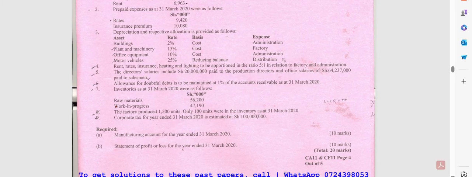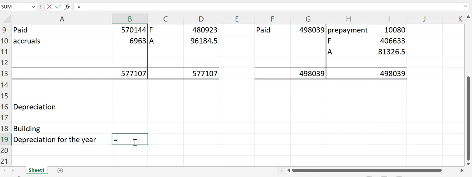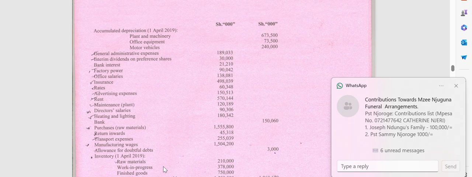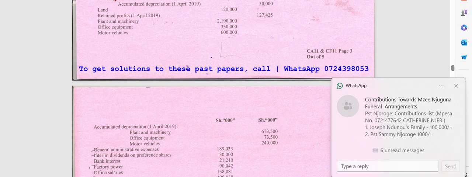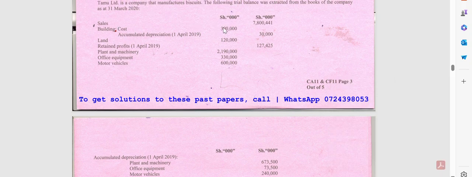So the rate here is 2% on cost, that is straight line method. So we are going to say 2%. We multiply the 2% by the cost. We go back to our trial balance for building. Here it is, building cost is 390,000.